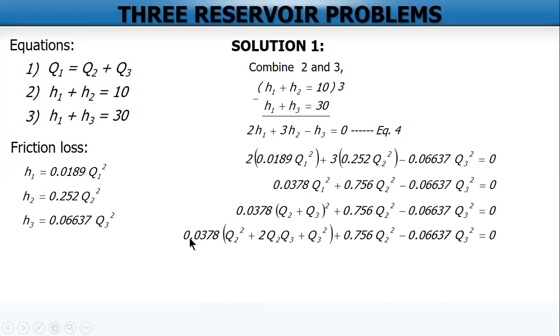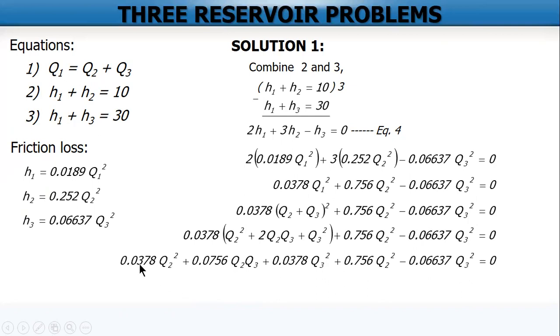And then distribute ni 0.0378 kana. And then combine like terms. 0.0378 plus 0.756. And also for Q3, 0.0378 minus 0.06637. Mano yung result. Okay.